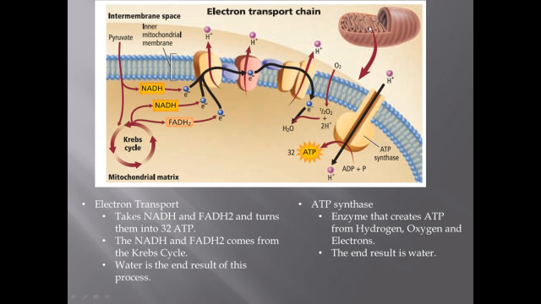So it goes from inside this part right here to outside the part right here. Now you might be saying, well, why does that matter? Doesn't that just make this side more acidic because there's more hydrogens over here? And yes, it does. What then happens is that these hydrogens that were moved over here by the electrons going through these proteins now go through a protein we call ATP synthase.